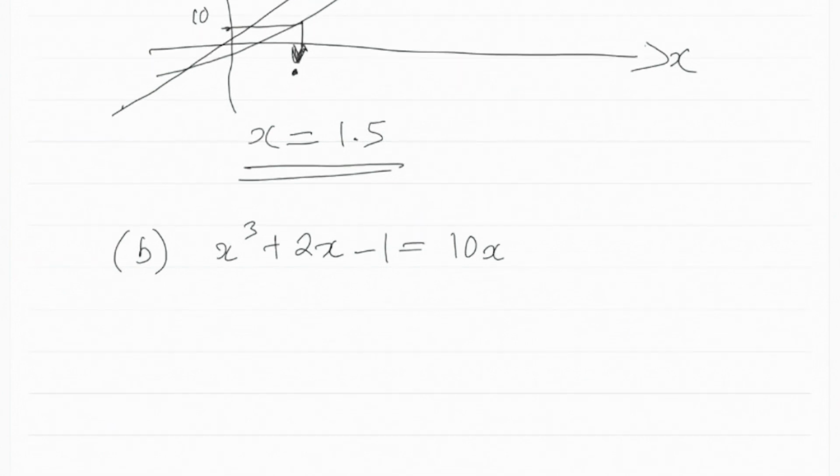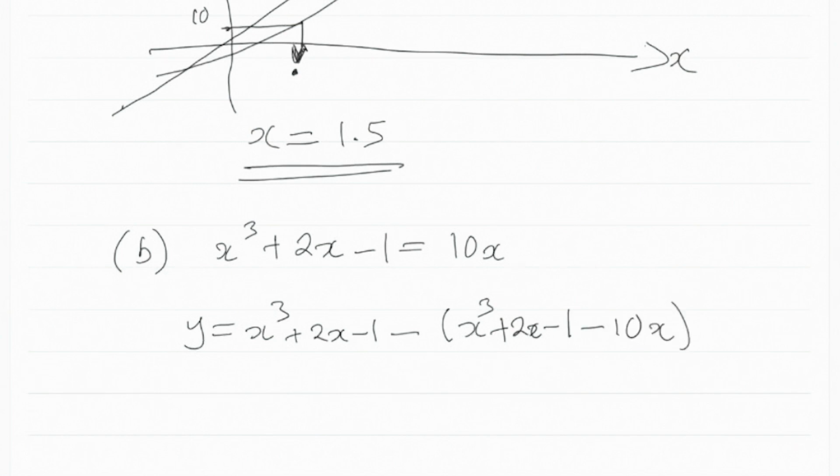We can still say y, we know that y equals x cubed plus 2x minus 1 minus 10x, the actual function that we've been given. Then when you simplify that, you are going to find that y is going to be what? 10. And the solution is the intersection of the line y equals 10 and the curve.